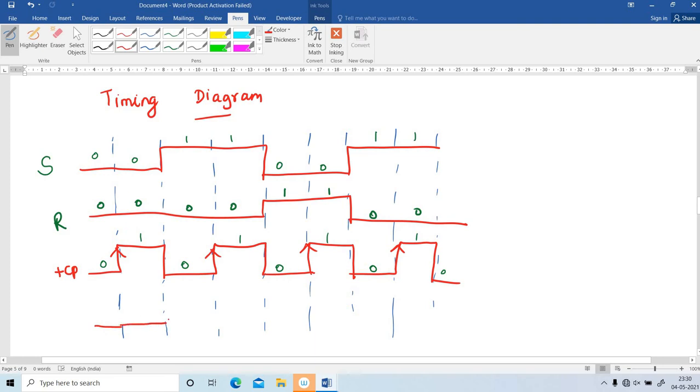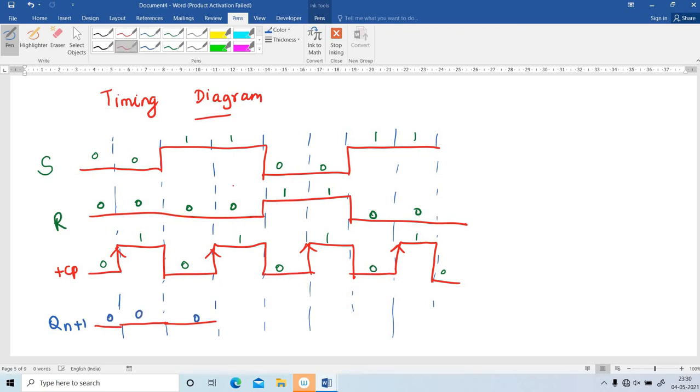And the clock equal to 1, also the same. S is equal to 1, R is equal to 0 and clock pulse equal to 0, that is reset. Clock pulse equal to 1 means set. Clock pulse equal to 0, that is reset. This is Qn plus 1, 0, 0, 0.